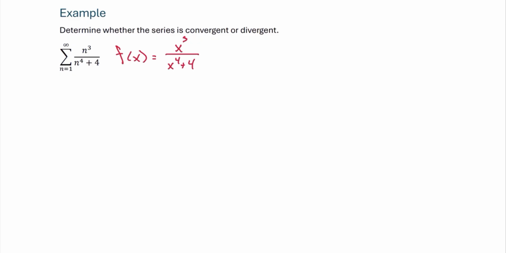From here, we need three things. We need continuous, positive, and decreasing. And it looks like this is continuous. We don't have any issues with continuity. It is positive for values 1 and bigger, the function is positive.